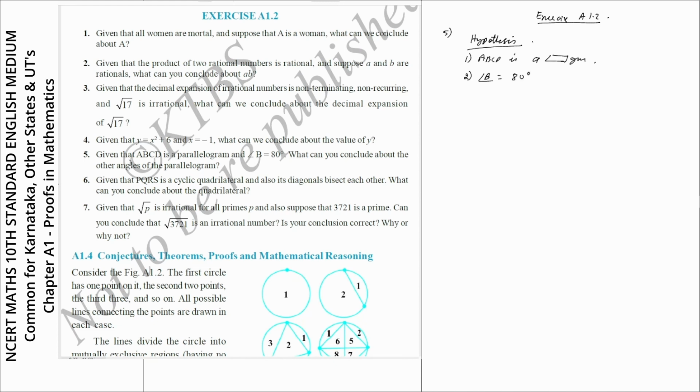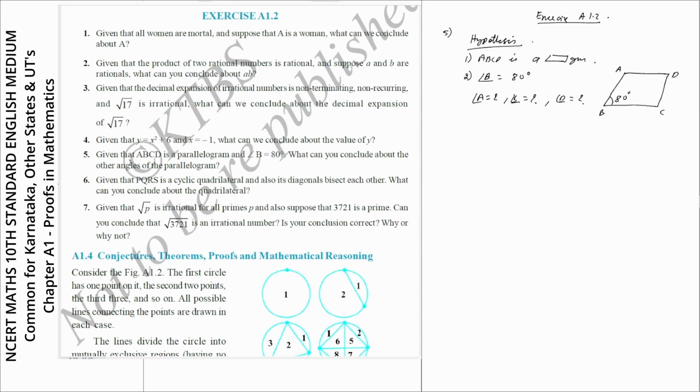What can you conclude about the other angles of the parallelogram? That means what is angle A, what is angle C, and what is angle D is the question. So ABCD is the parallelogram, and angle B is 80 degree. What are the remaining angles?